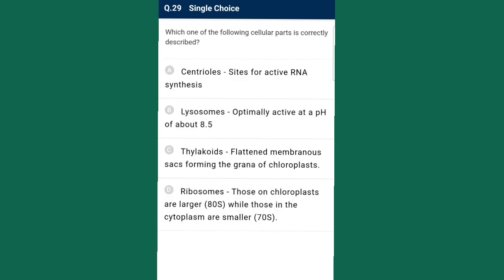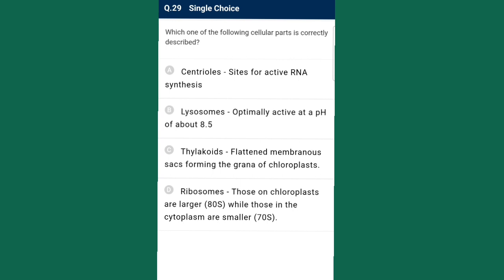Question number 29. Which of the following cellular parts is correctly described? Centrioles serve as the basal bodies for cilia and flagella. They are concerned with spindle formation during cell division. Lysosomes are membrane-bound organelles containing many hydrolytic enzymes which are optimally active at acid pH, nearly pH 5.